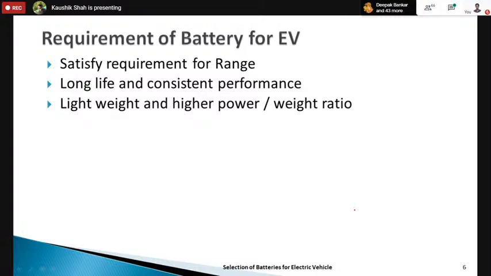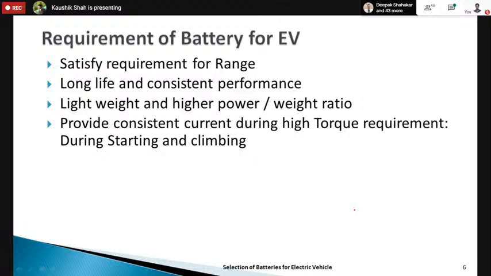Definitely, it should be lighter and give you better power. It should provide consistent current during high torque requirement during starting and climbing. When the motor is pulling the vehicle, it is getting the current from the battery source, and hence starting or climbing situations definitely need consistent current irrespective of the state of the battery pack.